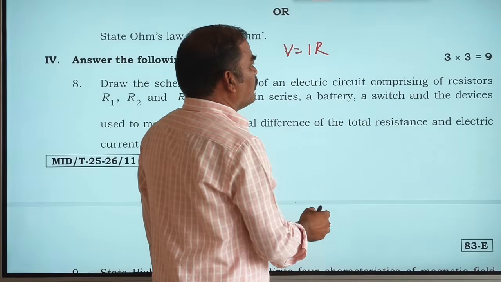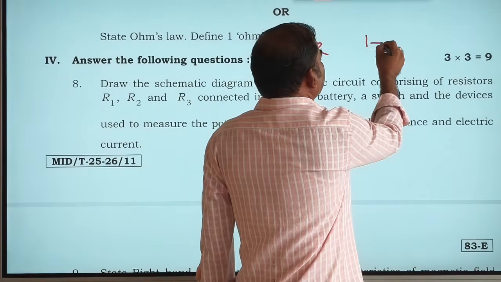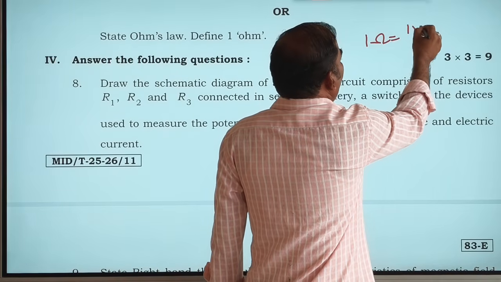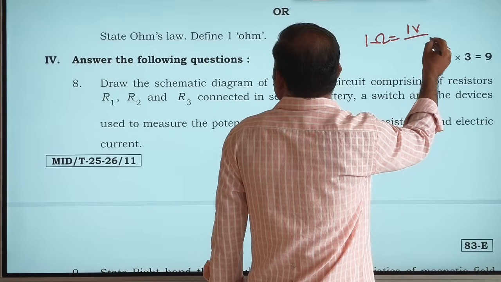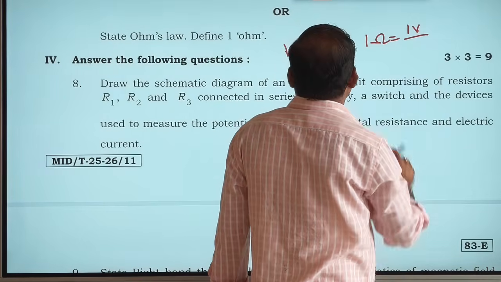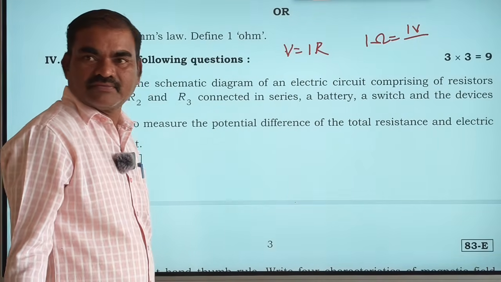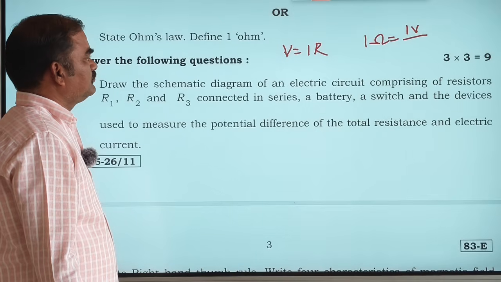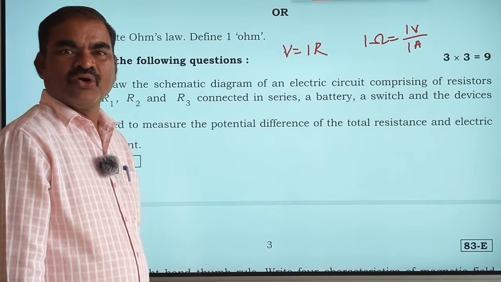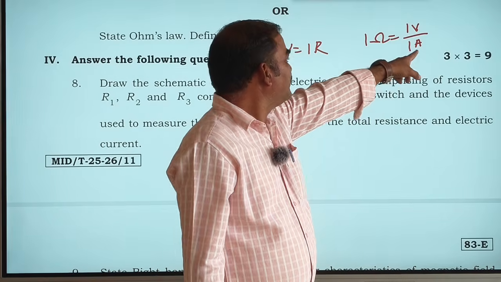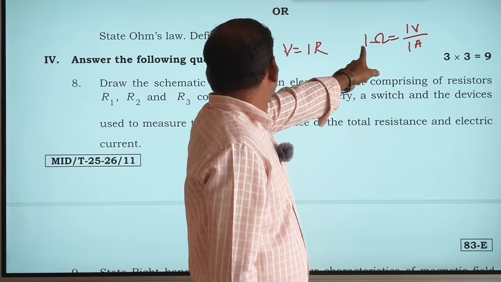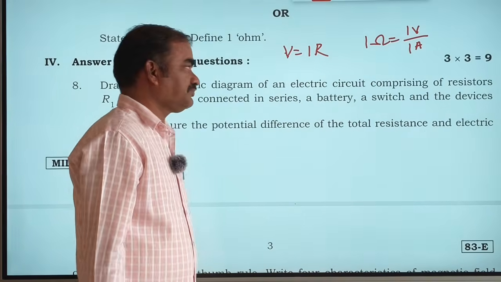Next, define 1 ohm. 1 ohm is nothing but 1 volt divided by 1 ampere. That is 1 ohm.